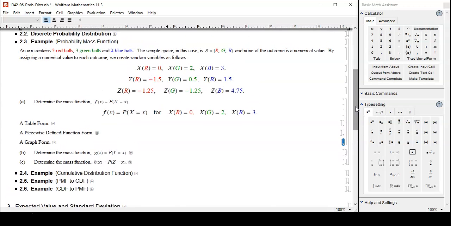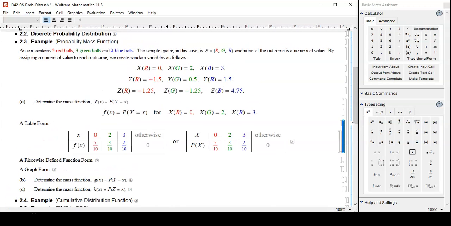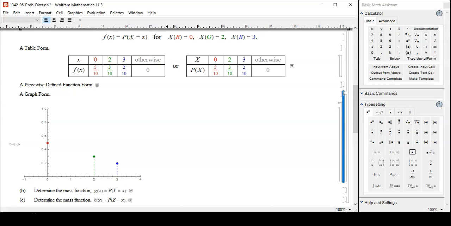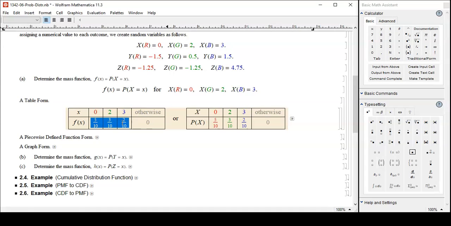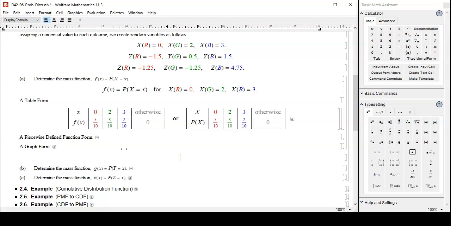Now, one final comment here. Let's open these. If you sum up all these probabilities, what do you get? Always you get 1.